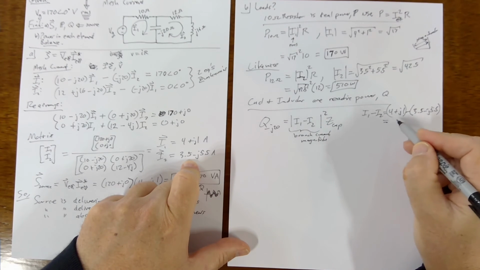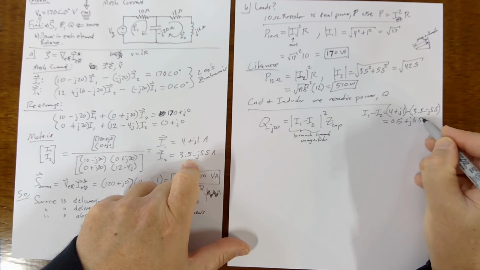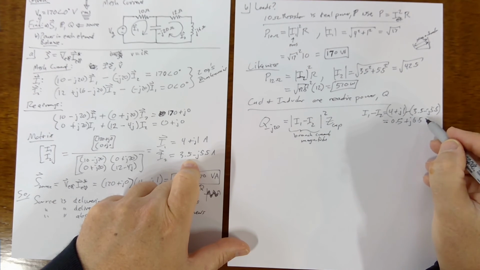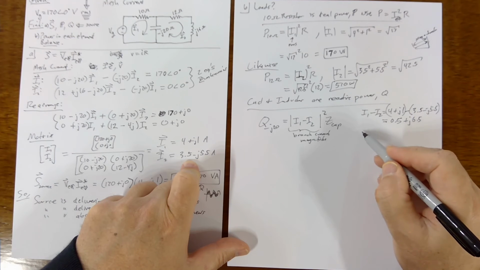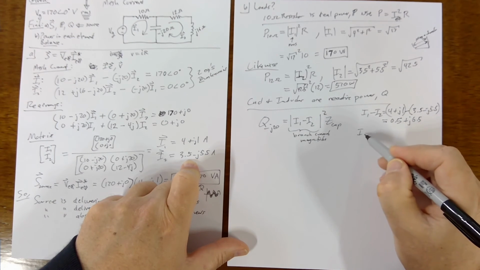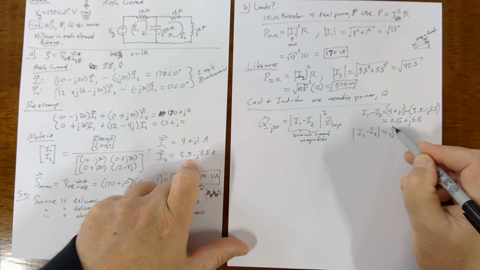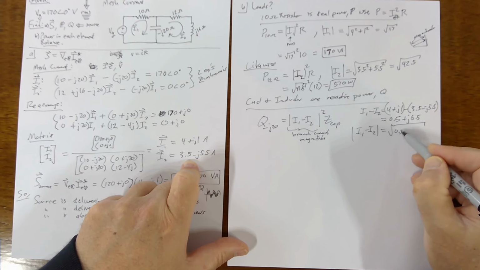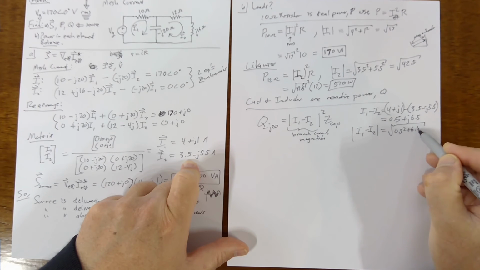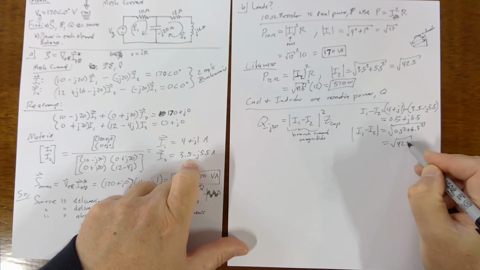It's 0.5 plus J6.5, and its magnitude, by Pythagoras, 0.5 squared plus 6.5 squared, is going to be root 42.5.